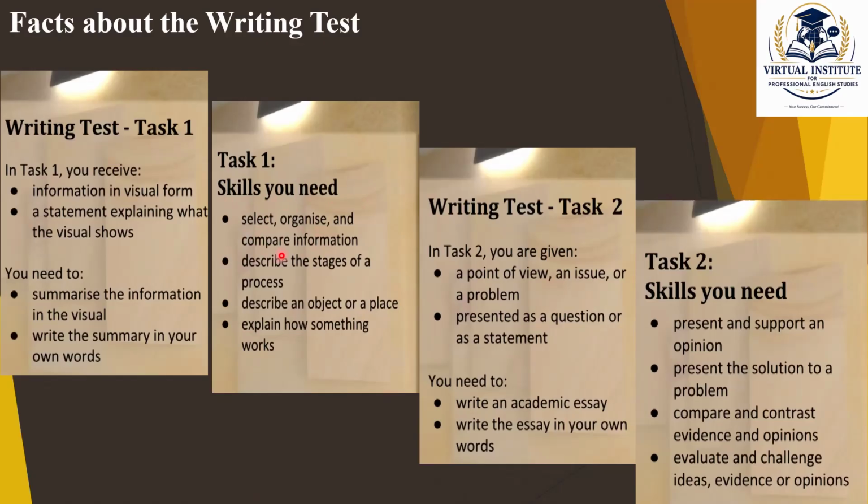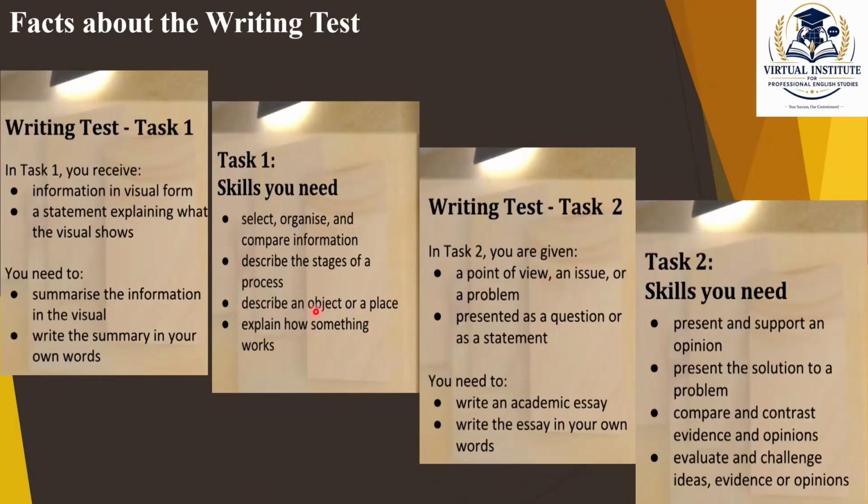If there are two or three sets of data, you will have to compare the information. Accordingly, you will also have to describe the stages of a process. If the visual is about a process, you should know how to describe a process. So you should have this knowledge as well.